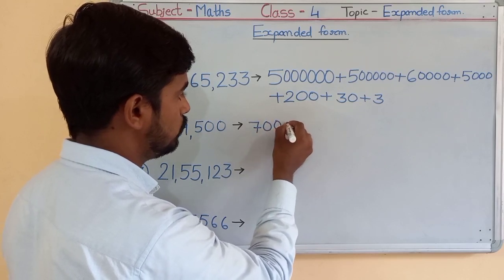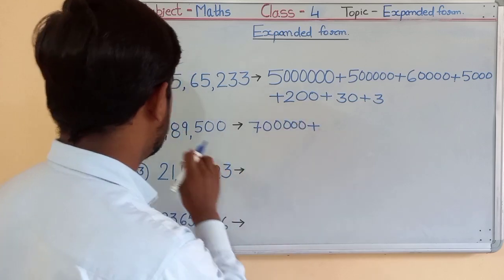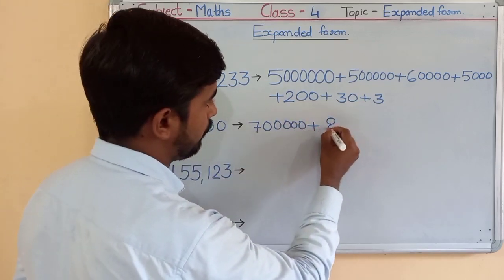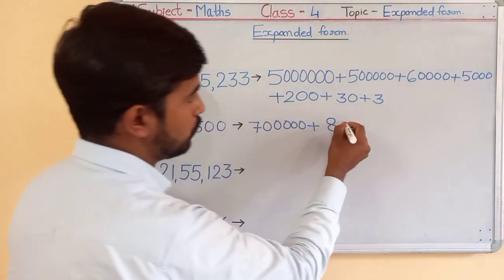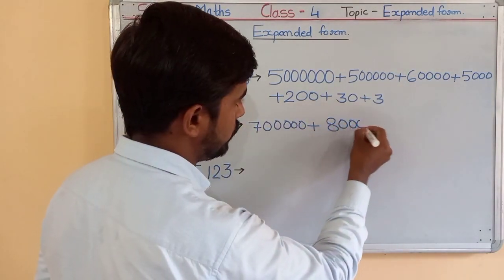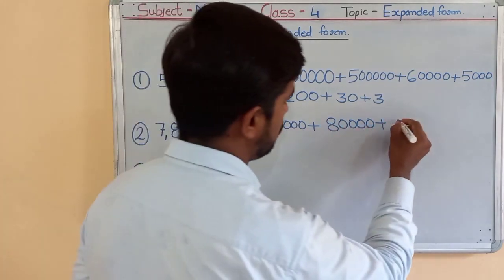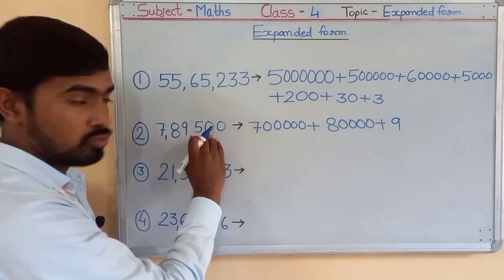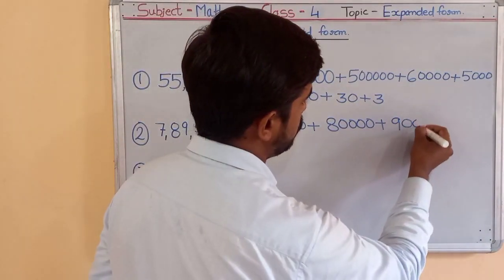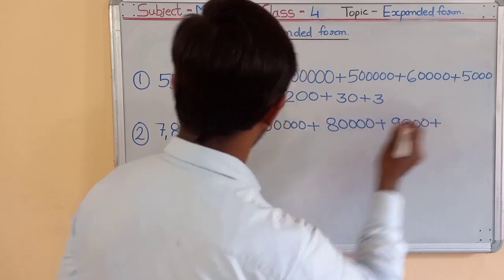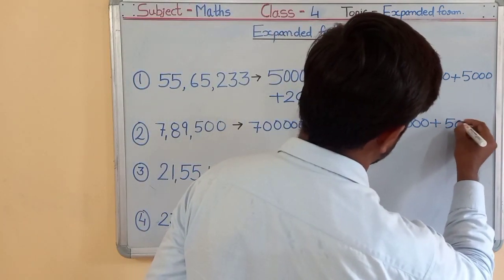Plus 8: count the digits, 1 2 3 4, so 4 zeros. Again 9: 3 digits, 3 zeros. Now this 5 and 2 zeros.